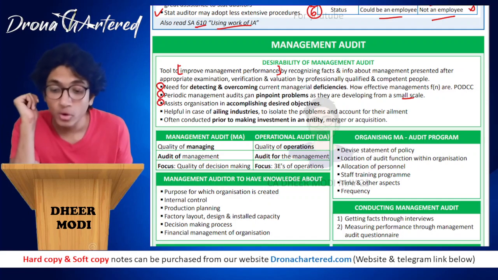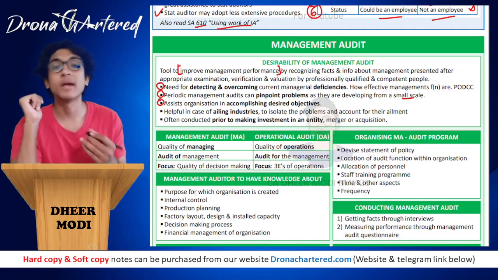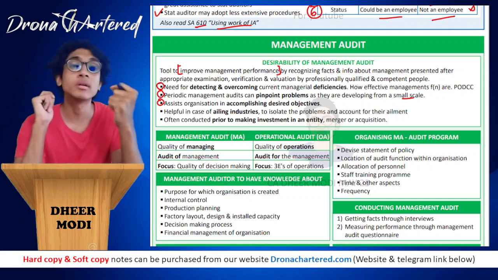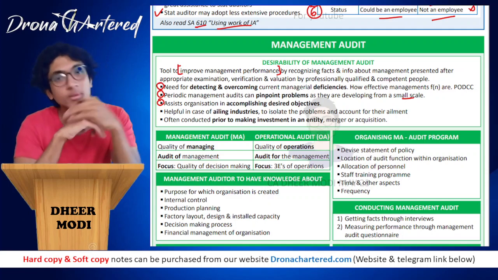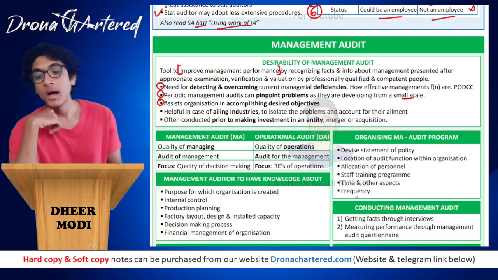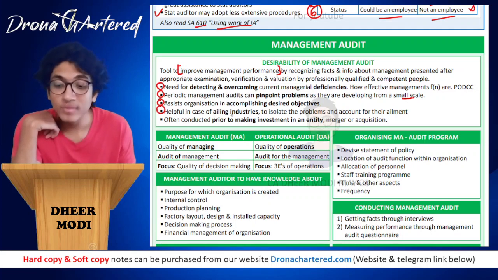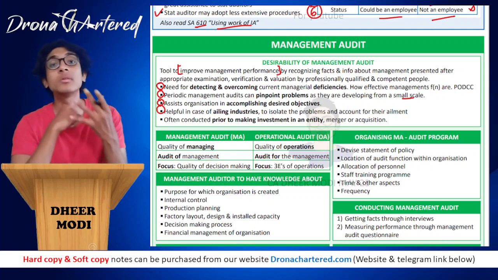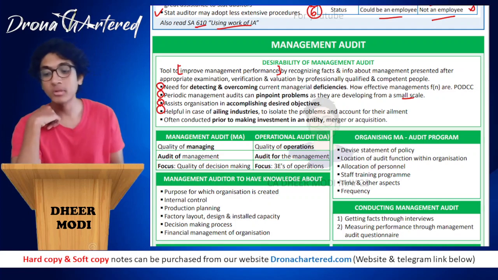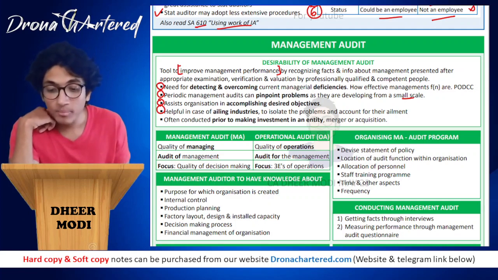Next, assist the organization in accomplishing the desired objectives. Of course, if there are certain deficiencies in your management, you will not be able to accomplish your objectives. Next is helpful in case of ailing industries. Ailing industries means those industries which are suffering or loss making, to isolate the problem and account for their ailment.